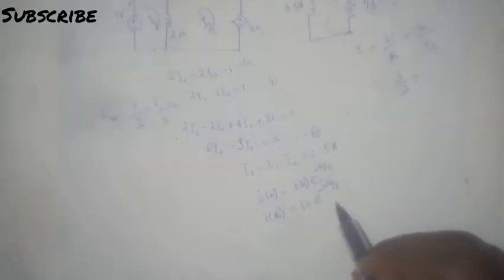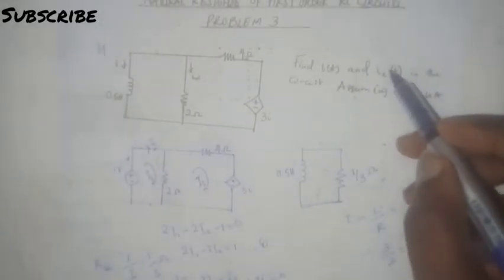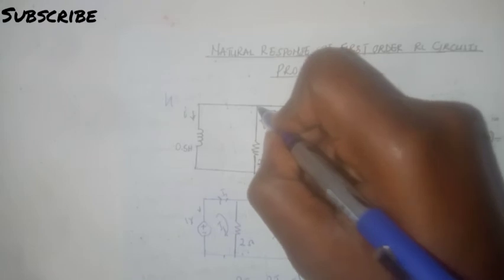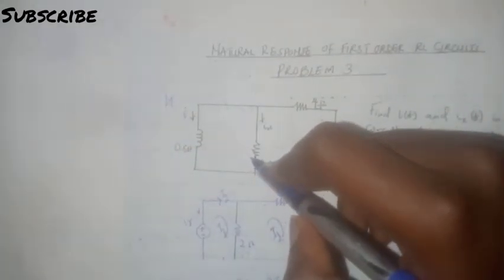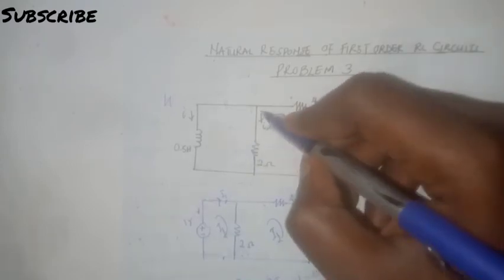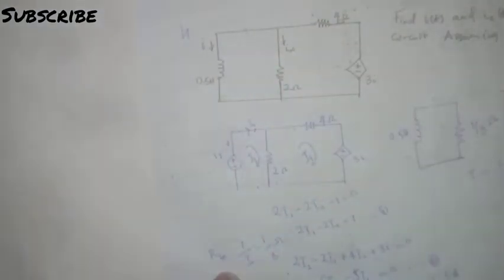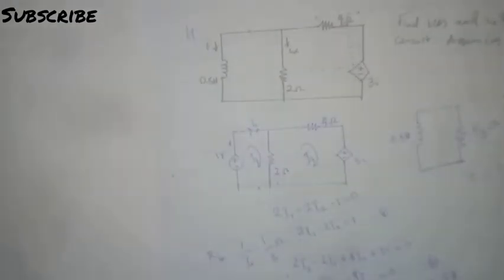Now, this brings us to the next part of the question, which requires us to find the value of ix. If you look closely, you realize that this inductor and this resistor are connected in parallel with one another, and that means that the same voltage runs through them. And we know that we can calculate the voltage across the inductor.